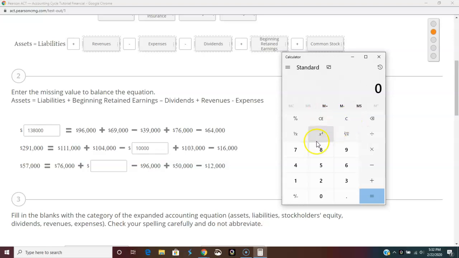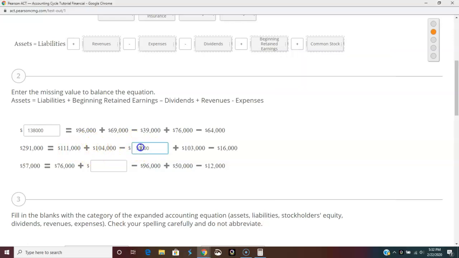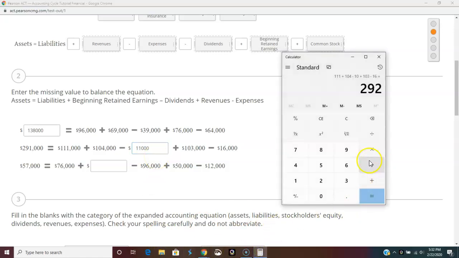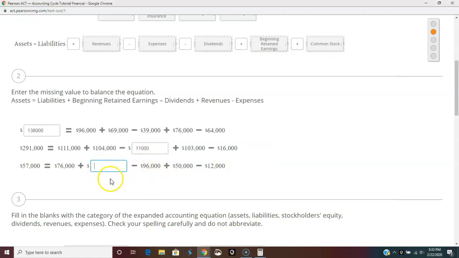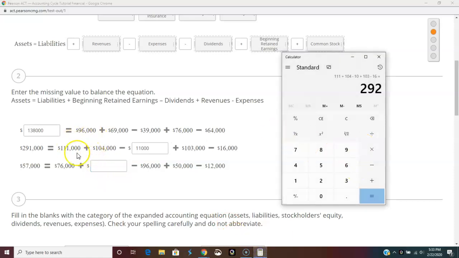Let's start over. 111 plus 104 minus 10 plus 103 minus 16 equals 292. Something's wrong. So is this 9? Oh, it should be 11. Let's try that. Okay. Again, I think I had 110 instead of 111 for that one. Okay, clear.